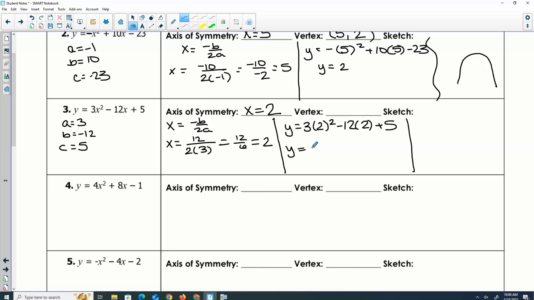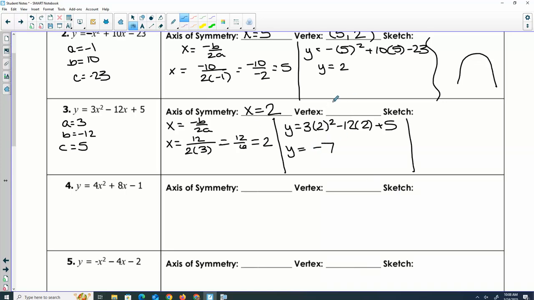Do you need me to figure out what you did? You put a negative sign there instead of subtraction on the calculator. All right, so we should get y to be -7.